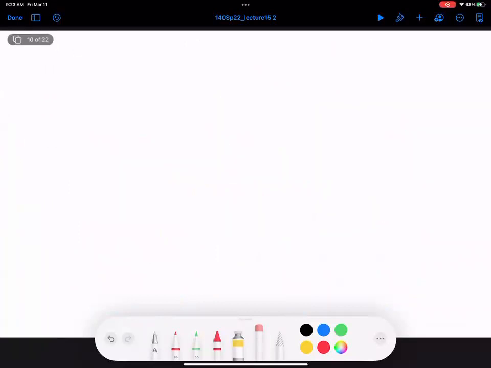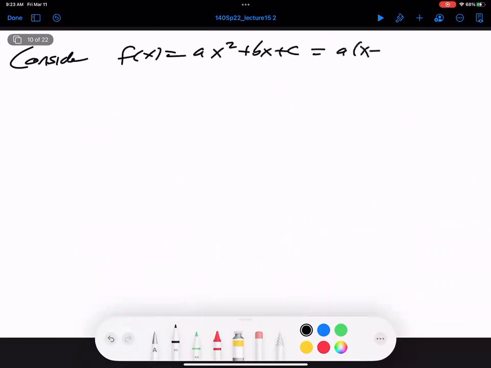So we want to consider f of x equals ax squared plus bx plus c equals a(x minus h) squared plus k. Does anybody remember what I've just written? I'll bring back any recollection from algebra 2. What is this called?